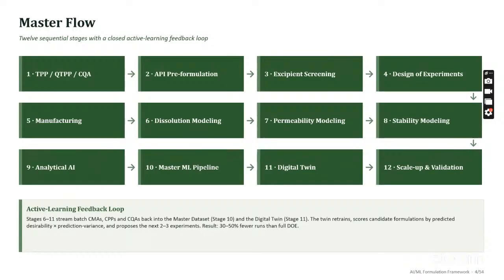Stages 6 through 11 stream batch data back into the master data set and the digital twin, which retains the score candidates and proposes the next experiments, about 30 to 50% fewer runs than the full DOE based upon the results.